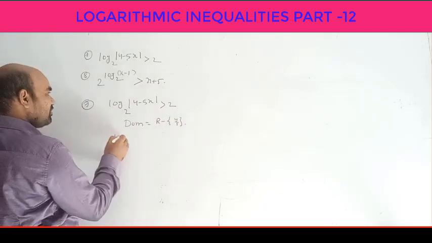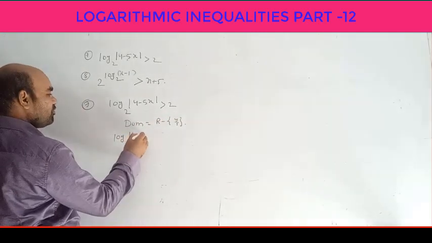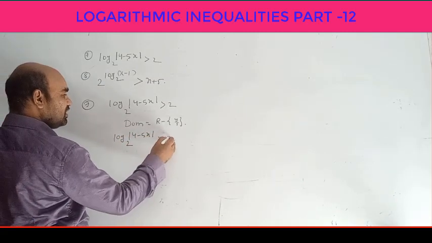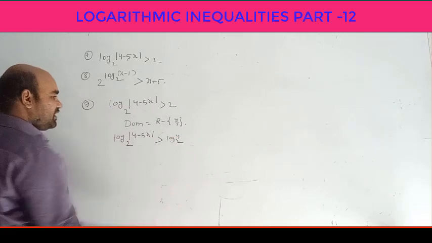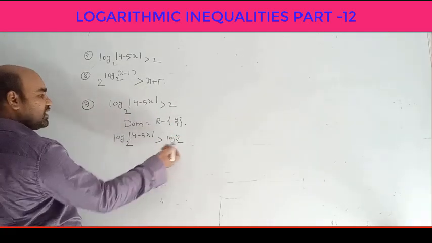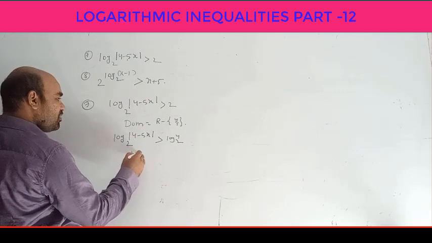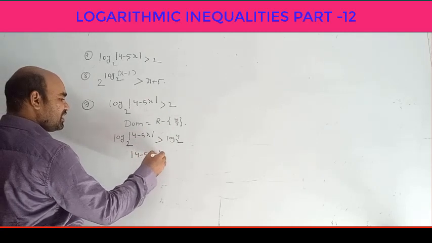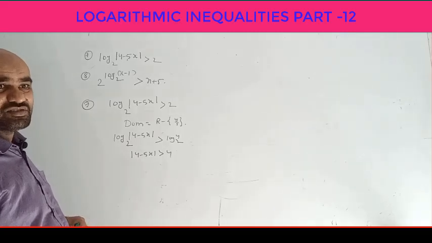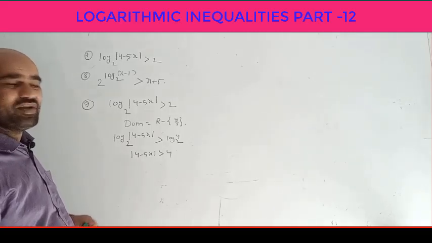Now logarithm of mod of 4 minus 5x to the base 2 greater than logarithm of 4 base 2. I can write this directly, 2 means log 4 base 2. So base 2 greater than 1, increasing function, mod of 4 minus 5x greater than 4. Mod of x greater than a means x greater than a or x less than minus a.